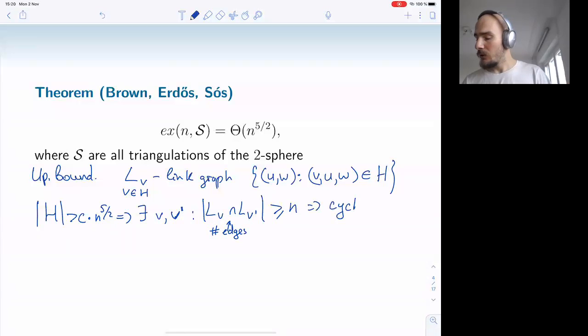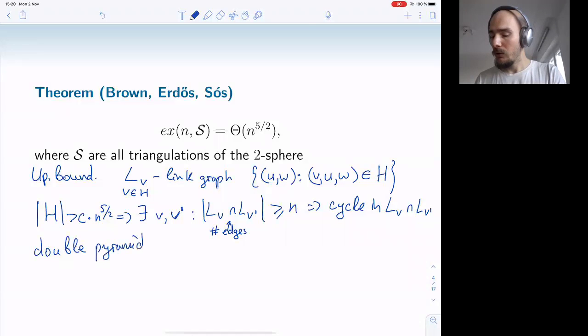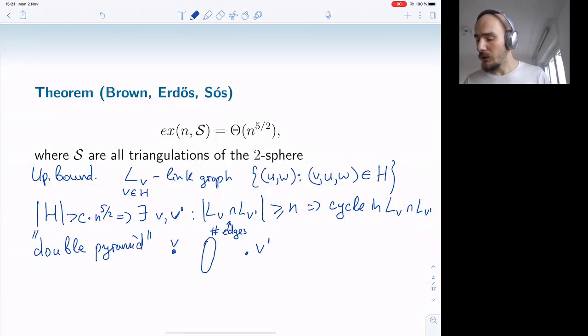This means that you have a cycle in this intersection. And this actually gives you a sphere. Or more precisely, it gives you a double pyramid. So this is what we call a double pyramid. You put your vertex V here, you put your vertex V prime here, and here is your cycle in the graph. This is L(V) intersection L(V prime). So this is your cycle.